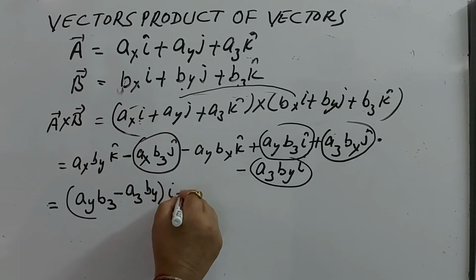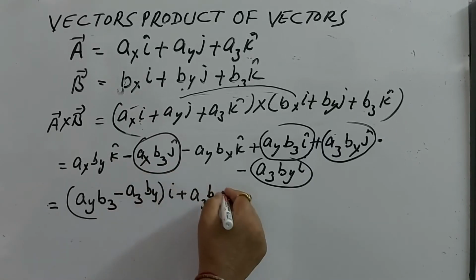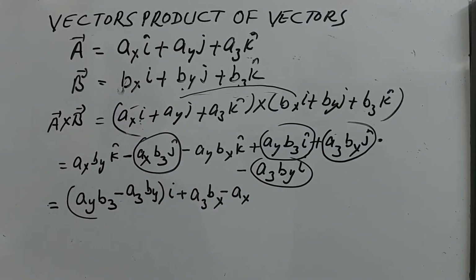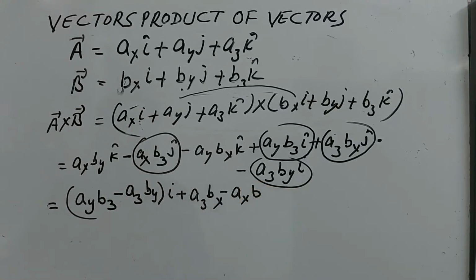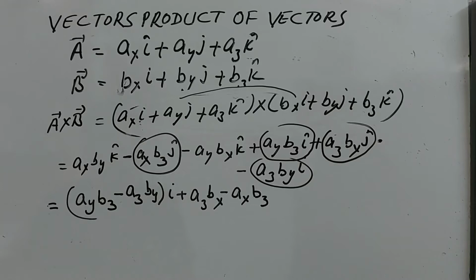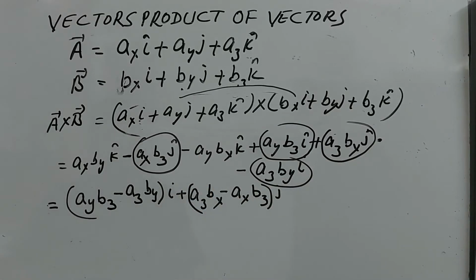So we can write az bx minus ax bz, and this is j cap.